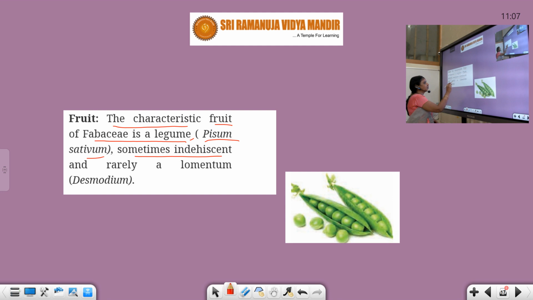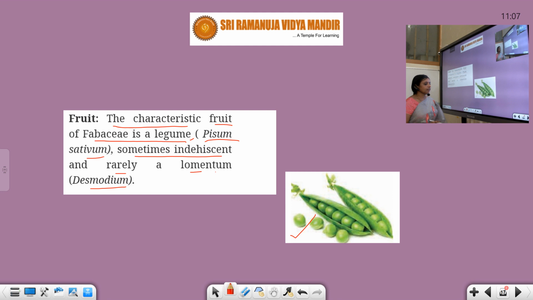Lomentum is schizocarpic. So, dry dehiscent, dry indehiscent and schizocarpic fruits are present, but we are describing Pisum. In this Pisum we can see a dry dehiscent legume type of fruit with marginal placentation. All the seeds are arranged here, you can see. This is the description of the fruit.